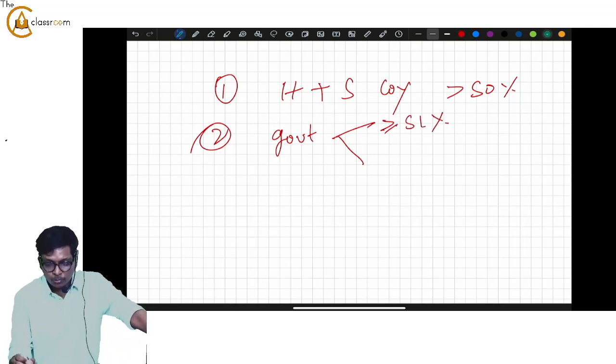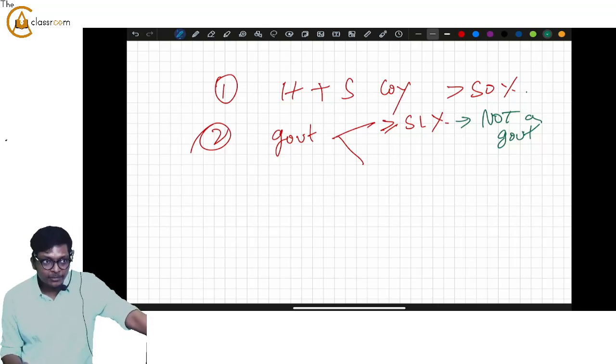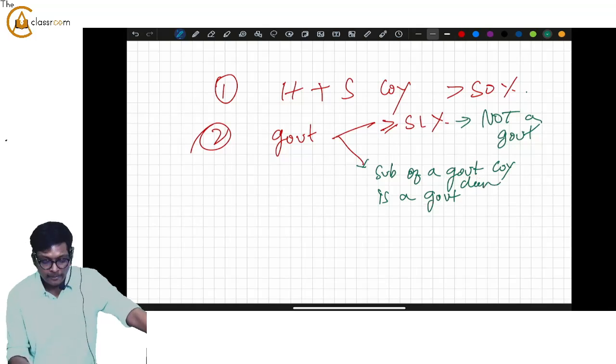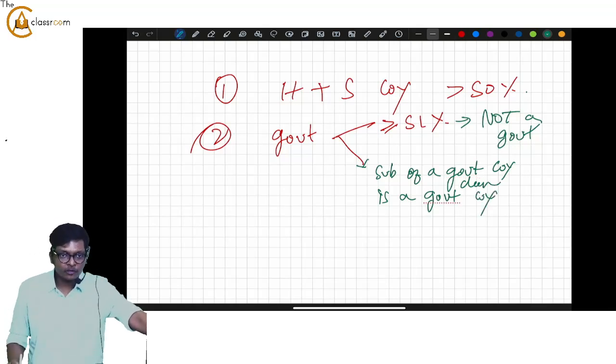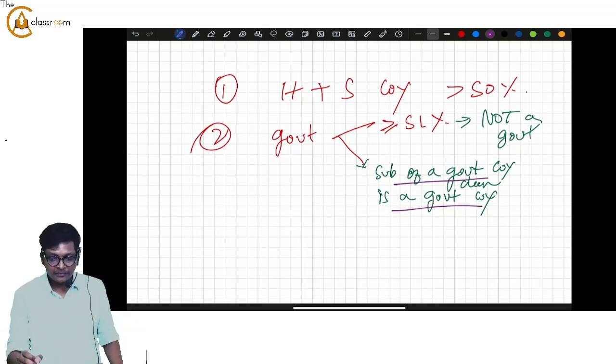At that point you will say not a government company because you have only 50 point something. But there is one more limb to the definition which says a subsidiary of a government company is a deemed government company. Correct? Therefore, in this question, the answer will travel like that.